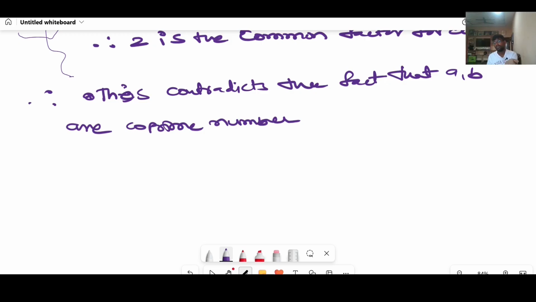We have assumed they are coprime numbers, but we have got that they are non-coprime numbers, right? Therefore this contradiction has arisen.